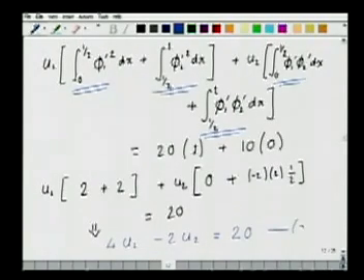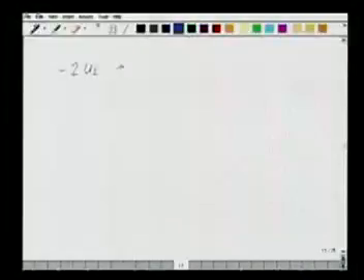I will call it equation A. Similarly, if I did the exercise for the second equation, I will end up getting minus 2u1 plus 2u2 is equal to f into phi 2 evaluated at the point x equal to half, but phi 2 at x equal to half is 0, plus p into phi 2 evaluated at the point x equal to 1.